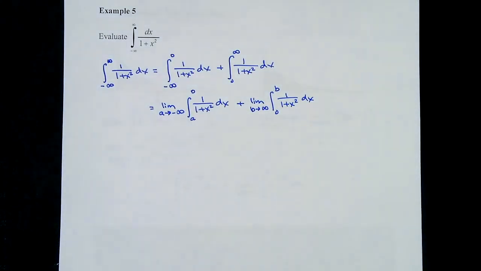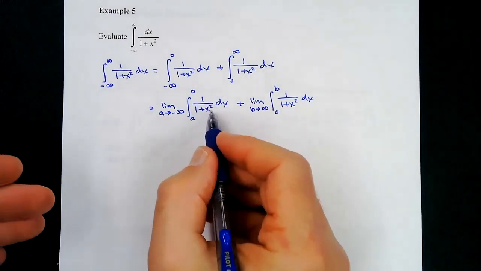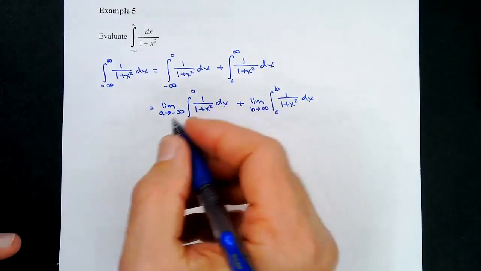Okay, so we have to recognize this as being the derivative of tan inverse of x. So the integral of 1 over 1 plus x squared is just tan inverse, because the derivative of tan inverse is 1 over 1 plus x squared.